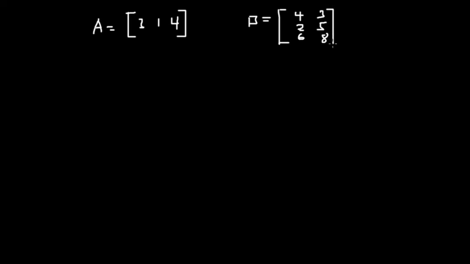Let's say you have matrix A to be 3 1 4, and then matrix B to be 4, 2 6, and 3 5 8.